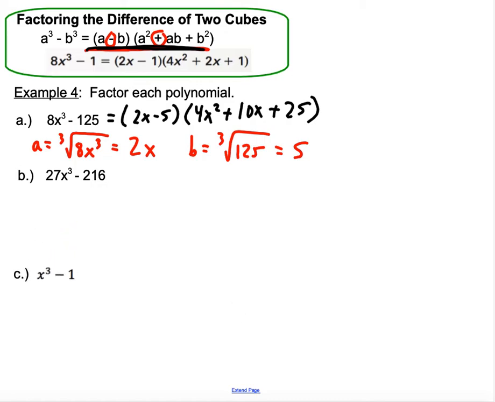All right, letter B. We need to find the cube root of each of the terms. The cube root of 27, find that out. The cube root of x to the third is x. So a is now 3x.